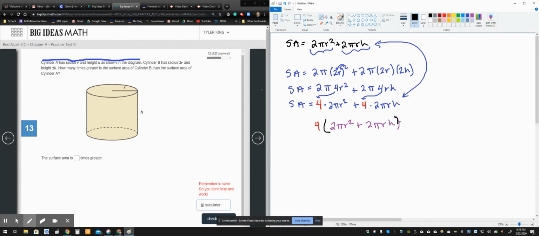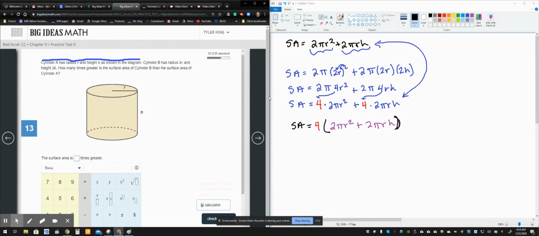Since we were able to factor out that 4, we can see that the surface area here is equal to 4 times the original formula. So it is going to be 4 times greater.